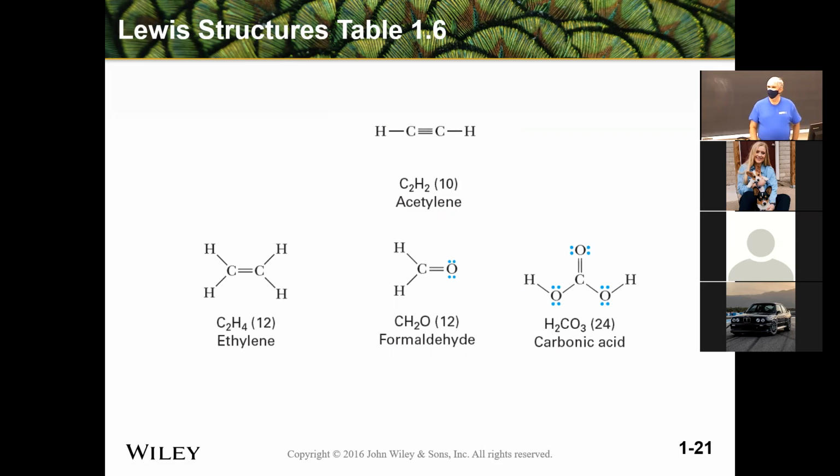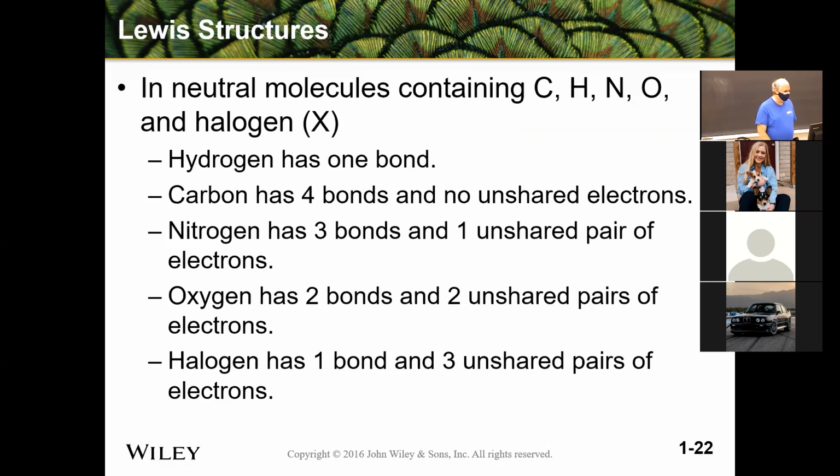Anything in the second row of the periodic table cannot exceed 8 electrons in its valence shell. That's what we call the octet rule. So carbon can't have 5 or 6 bonds, neither can oxygen. Here are some common bonding patterns.